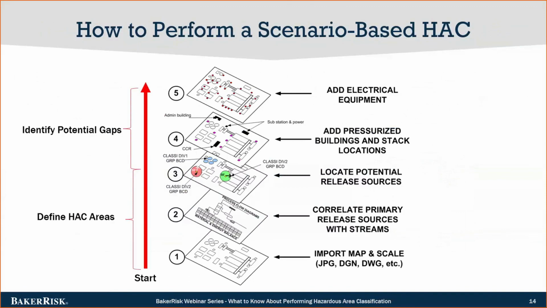The scenario-based approach is a phased approach where we first have some steps to define our classified areas, and then once we have that model developed, we can identify potential gaps. So we'll be looking at plot plans and process flow diagrams to identify release cases and release sources, and then we can identify potential gaps for buildings and electrical equipment.